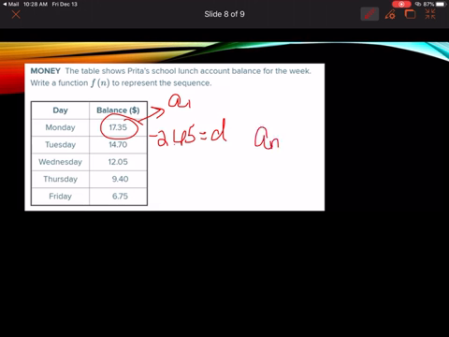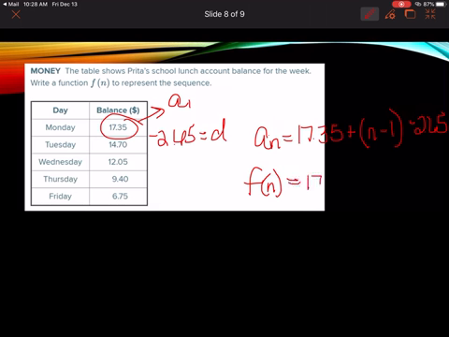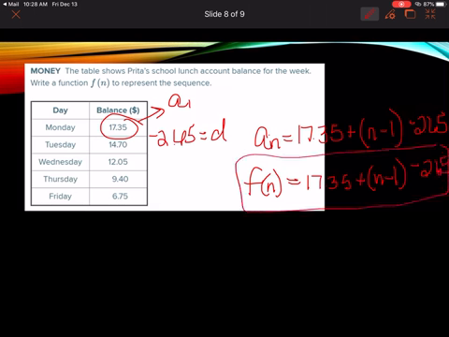So a sub n equals 1735 plus n minus 1 times my common difference, which is negative 265. Now, it says a function, so I'm just going to change my a of n to function notation. And that's my equation.